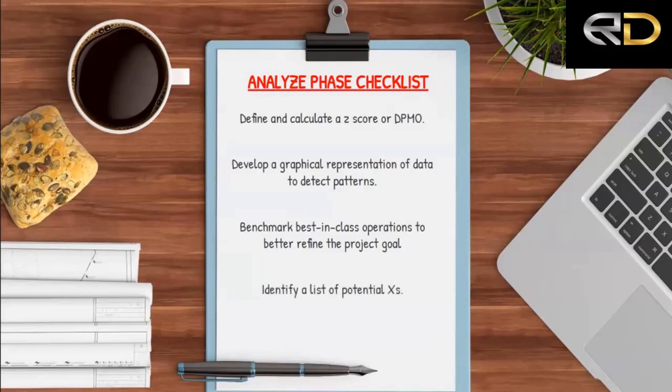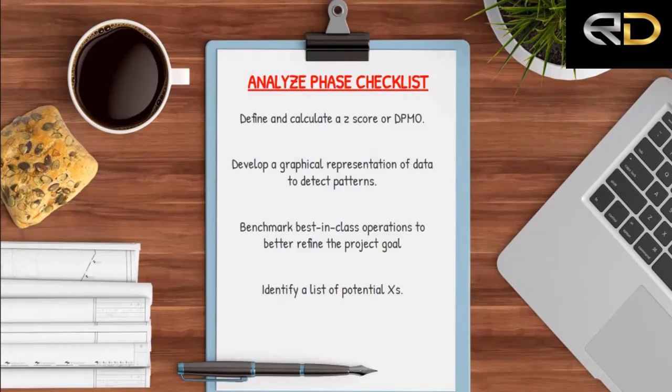And then you have to identify a list of potential X's. X's are basically the factors that are affecting your process, why you are not meeting your objective. For this list of X's, there are going to be many reasons.